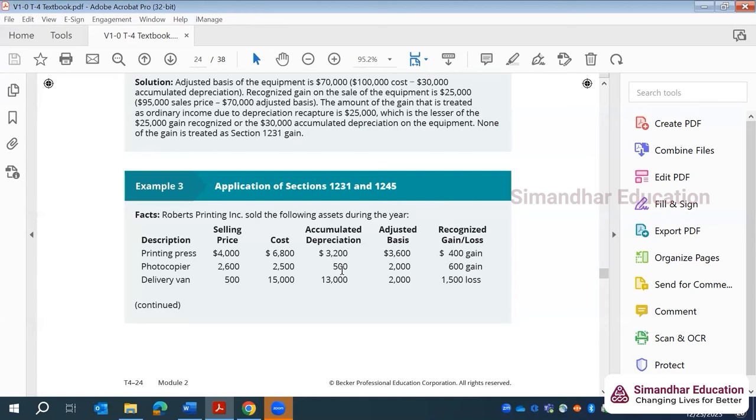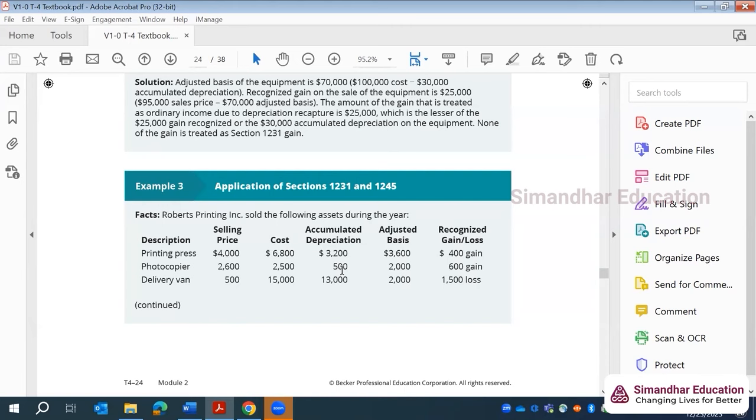Or I would say, are all these assets section 1245 personal assets? Do we have any real asset here? We don't have any real asset because remember, section 1245 is only applicable to the personal property and not to the real property. Okay. So we have the selling price of the printing press, which is 4,000.